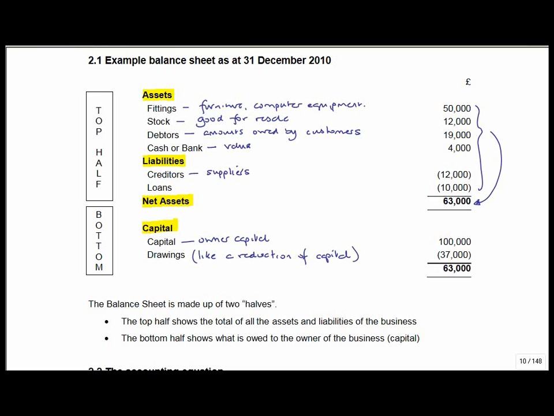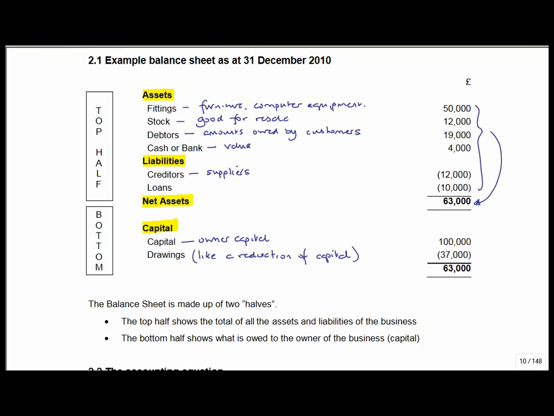So that's all our balance sheet looks like. So like I said, producing the balance sheet is simply a case of identifying all of the different business transactions that have occurred during the year and categorizing them into one of those three categories there.